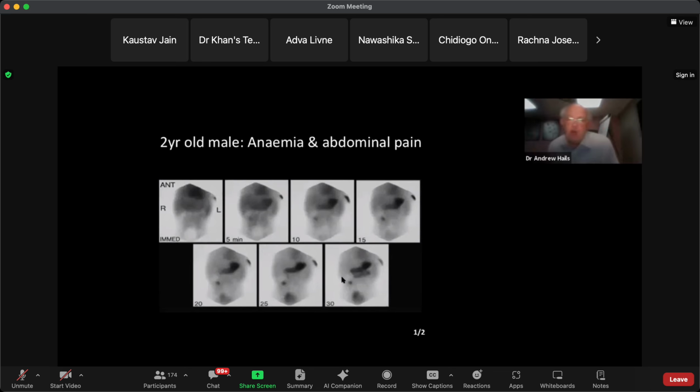So it will only show up a Meckel's diverticulum if they've got ectopic gastric mucosa in them. But I think this is often the cause of bleeding, of pain, of intussusception, volvulus. So, a lot of the Meckel's diverticulum, where it's important to detect it, a Meckel scan will detect it.